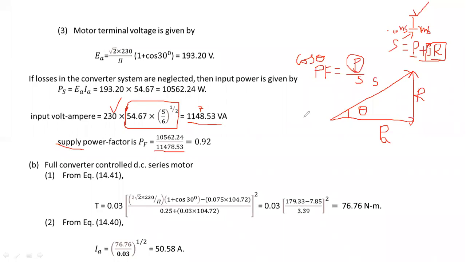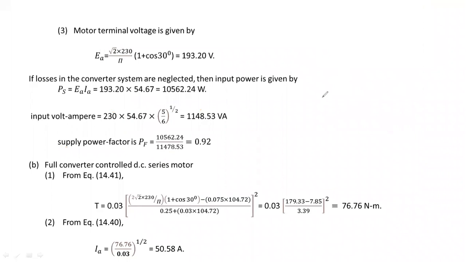Okay. So here, in order to calculate the P, we are considering the converter system losses are neglected. So that means if the losses are neglected, which means losses are zero, then the input power must be equal to output power. Pi is the input power, Po is the output power.